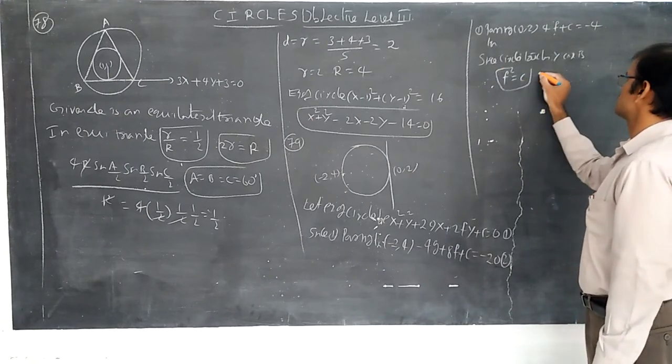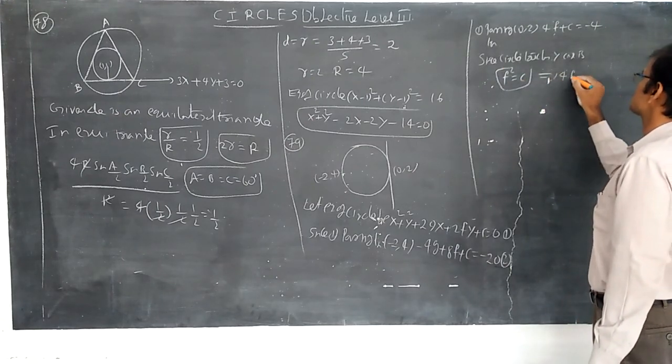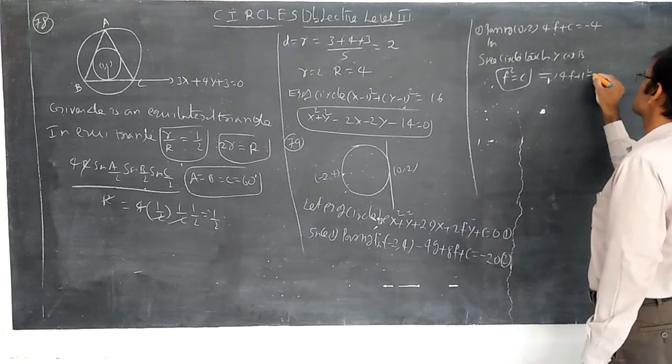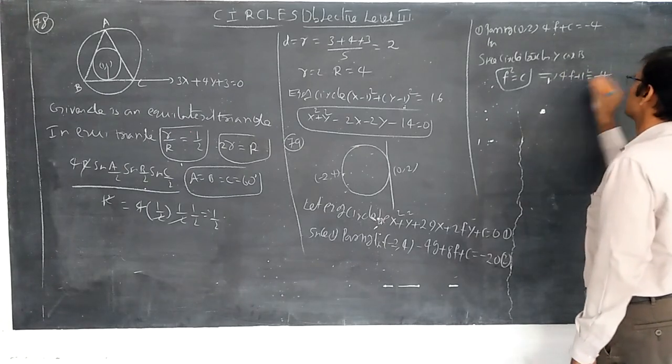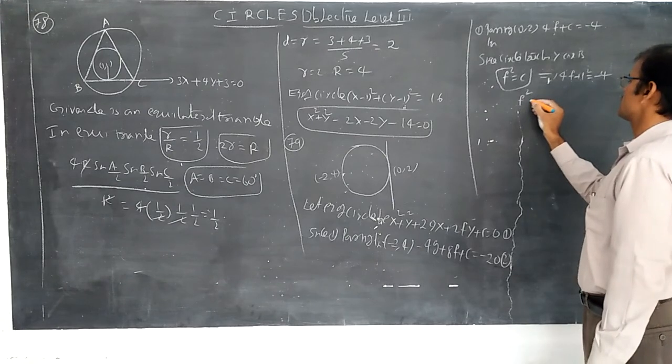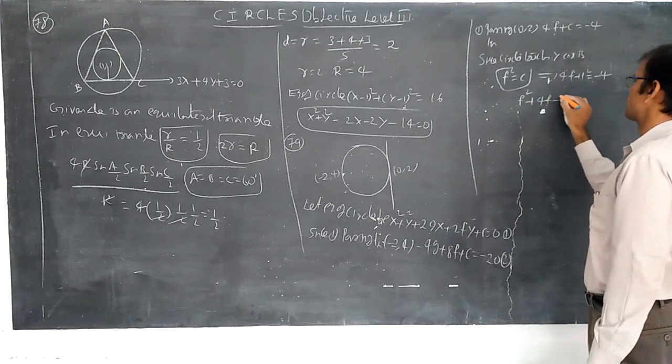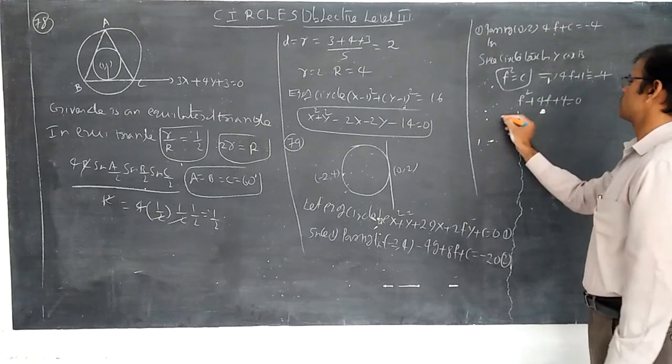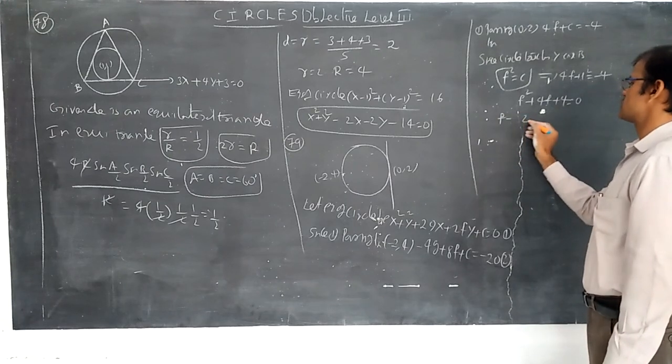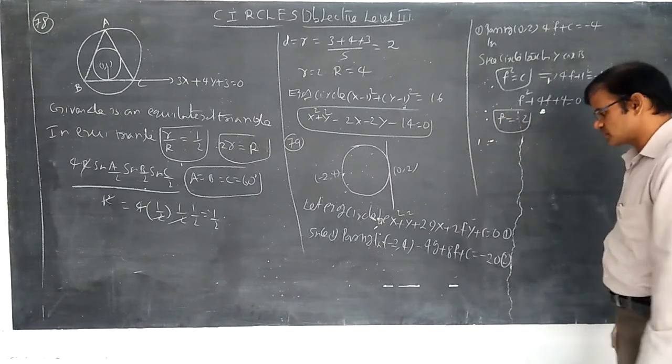Simply write f square is equal to c. That implies 4f plus f square is equal to -4. You can say f square plus 4f plus 4 is equal to 0, and f plus 2 whole square is equal to 0. It becomes f is equal to -2.